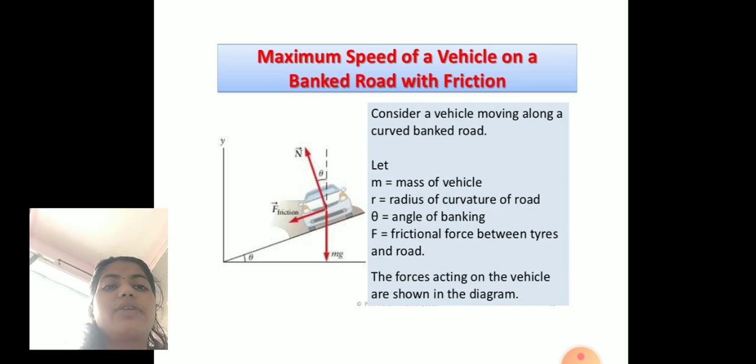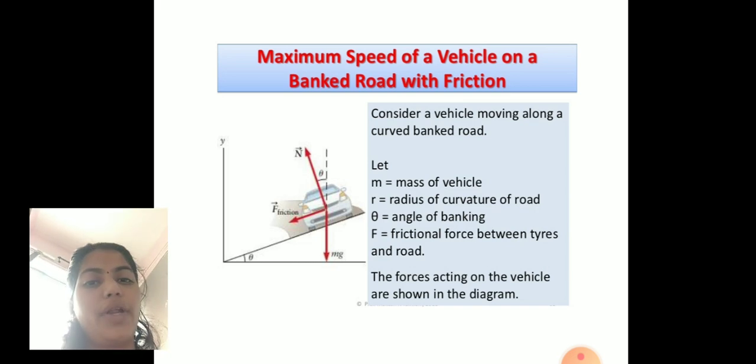F is the frictional force between tire and road, and the forces acting on the vehicle are shown in the figure. Friction acts between the road and the tire of the vehicle, and the vehicle covers this curved road, where the banking force is applied on it.